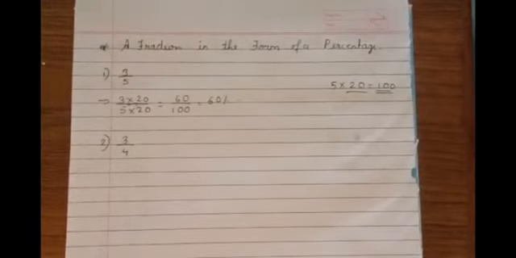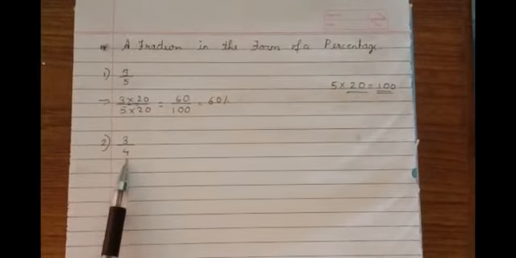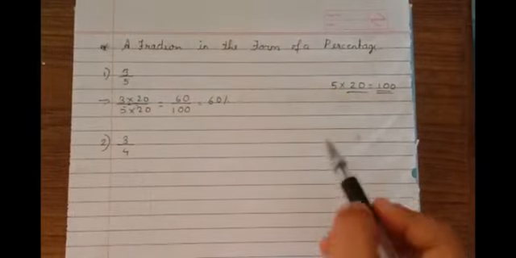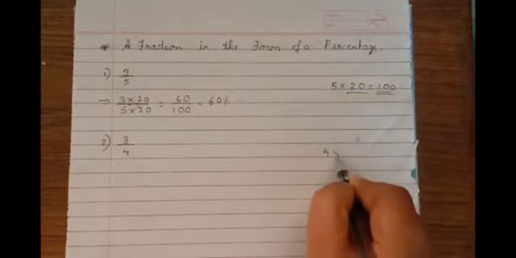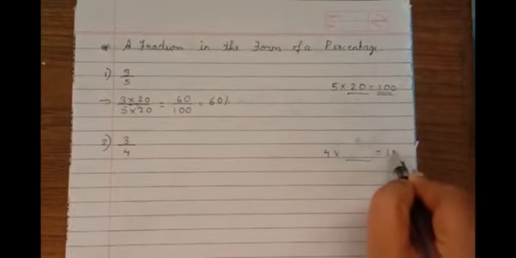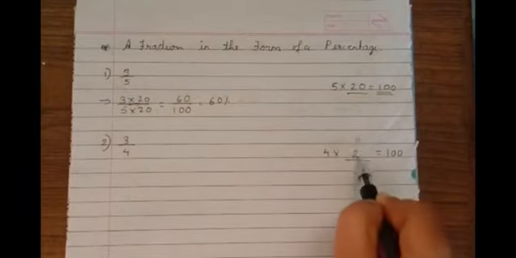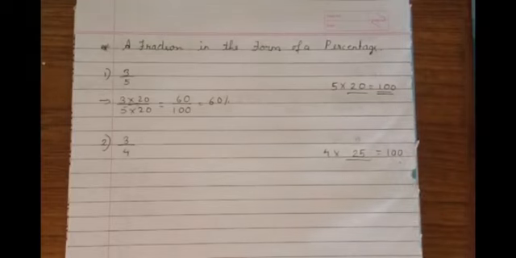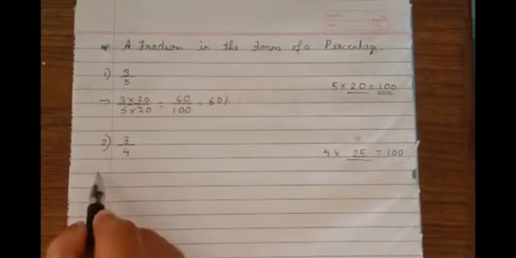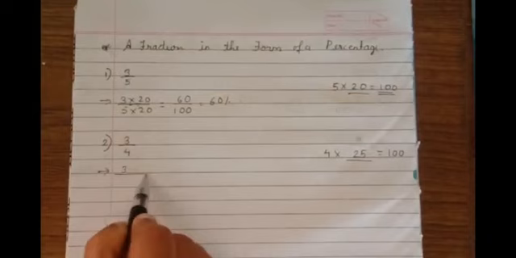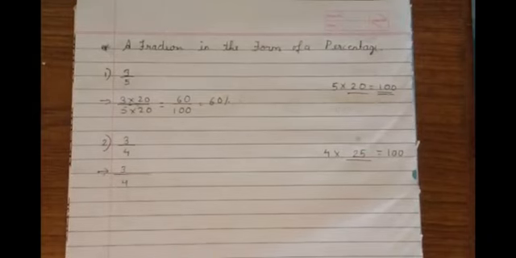Sum number 2, the fraction is 3 upon 4. So now we have to convert the denominator 4 to 100. With which number will you multiply 4 to get 100? Think a little bit. Correct, we are going to take 25 four times to get 100. So first we will write the fraction as it is, 3 upon 4.